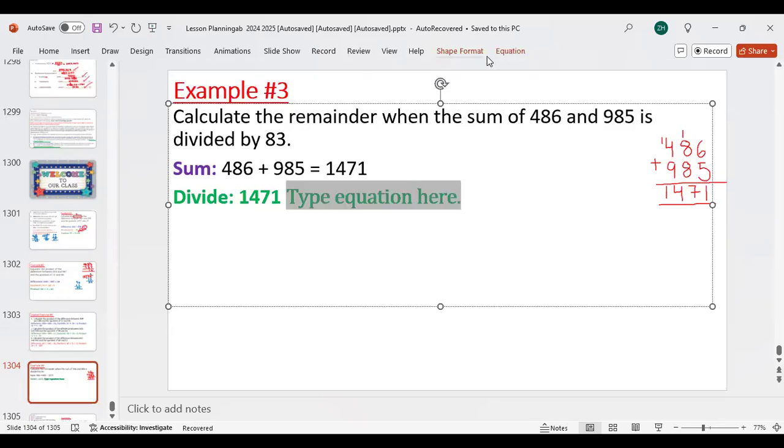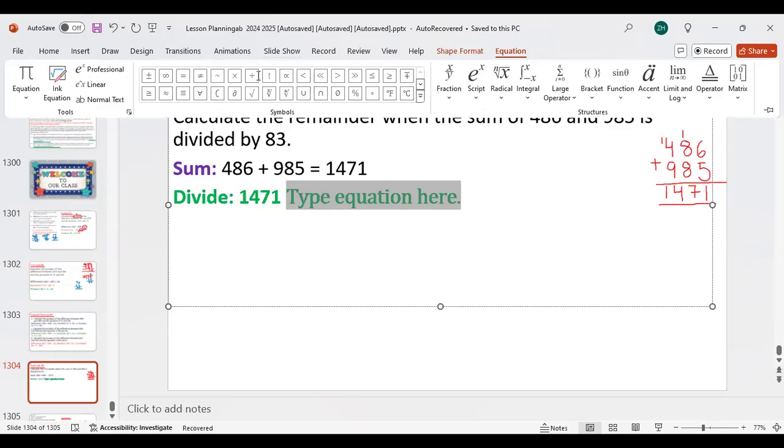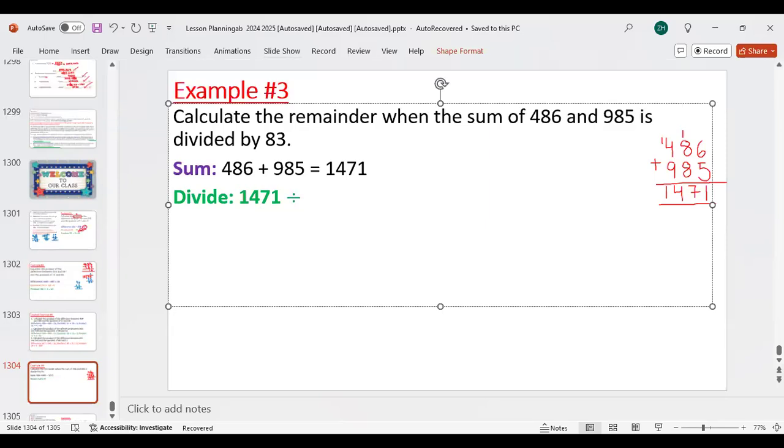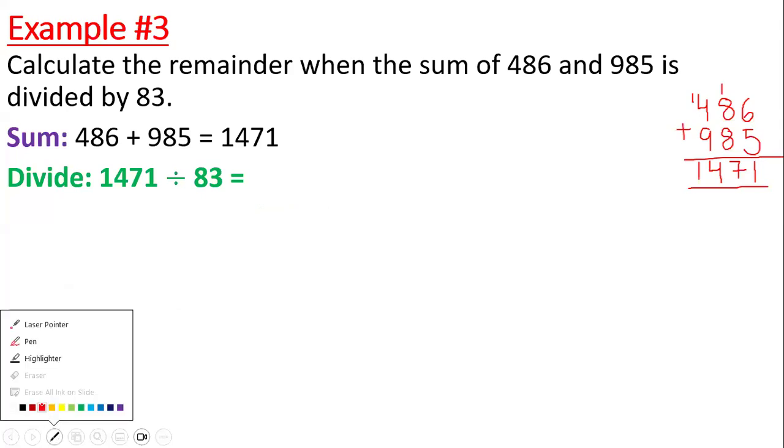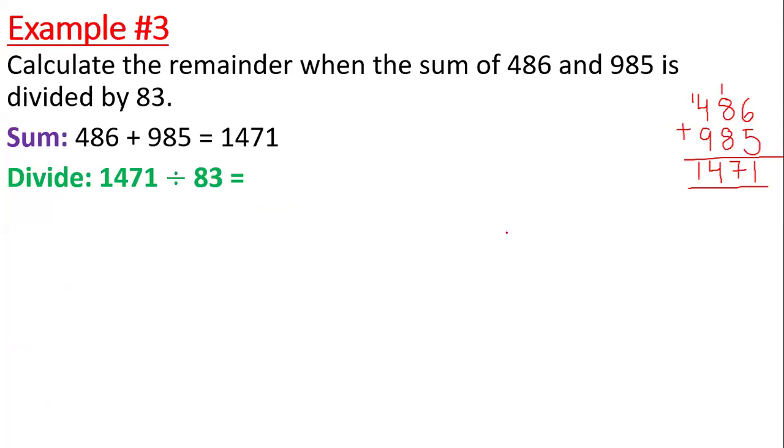By 83. Okay, so let's go ahead and divide them too. And we have 17.7228915. A lot of numbers. Yes. So let's go ahead and divide it.